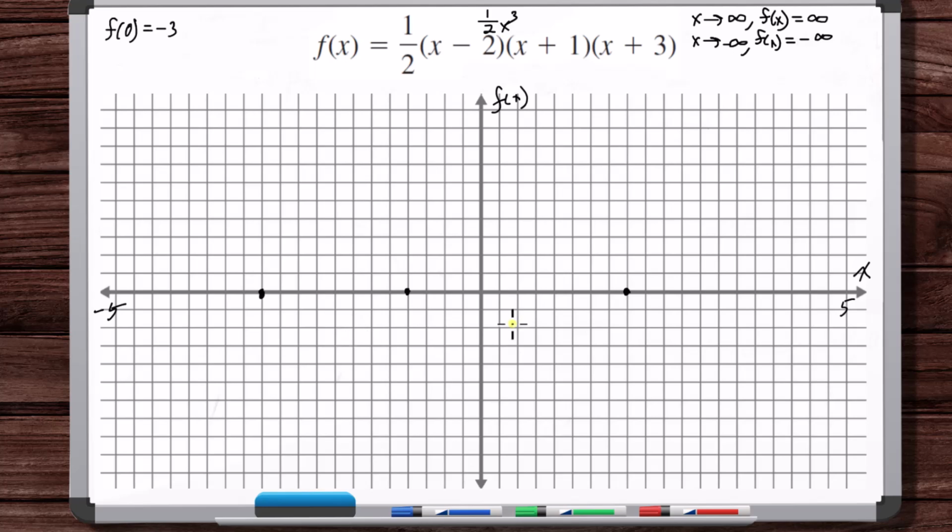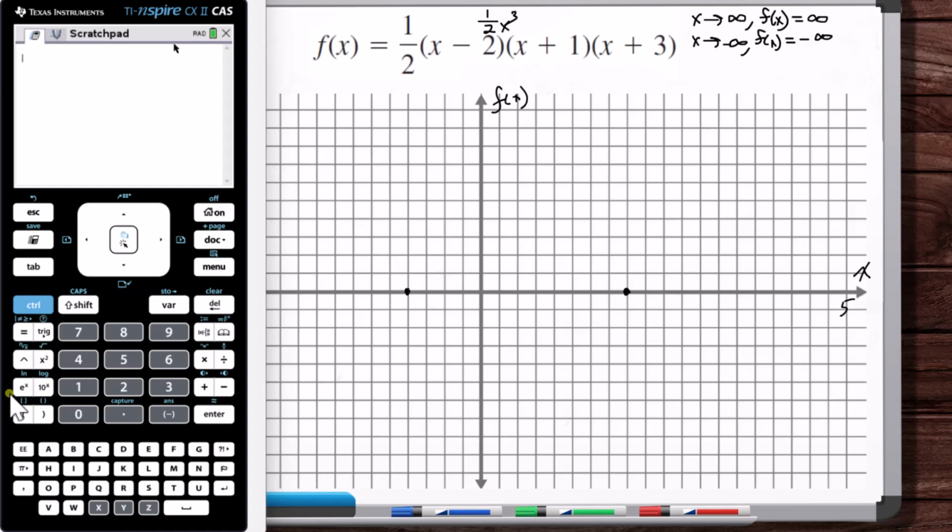Now we can, let's do, so 1/2 times x minus 2 times x plus 1 times x plus 3. Store that as e. Okay.